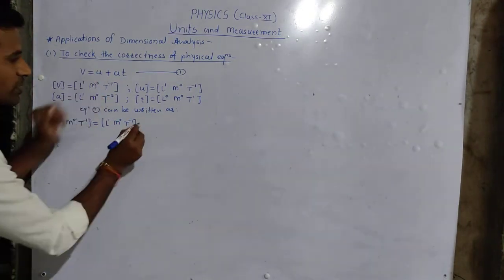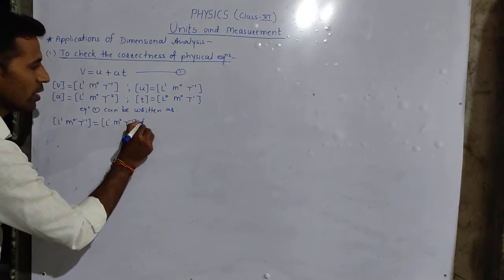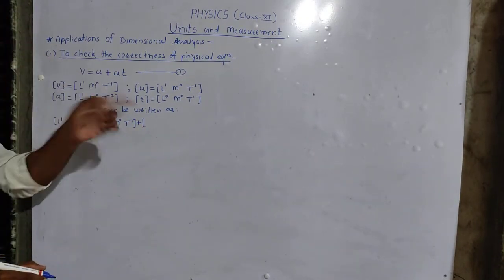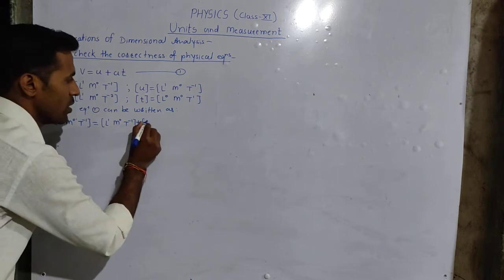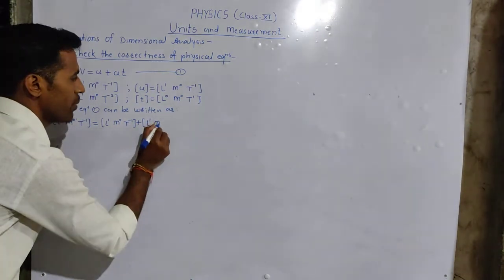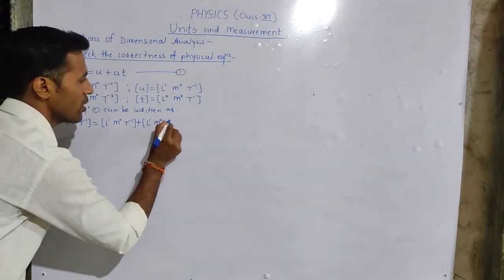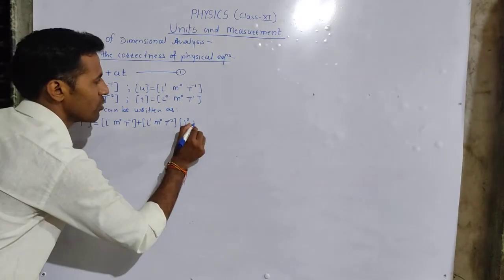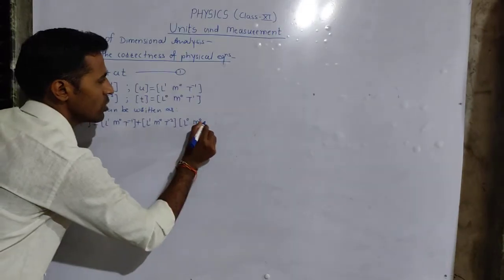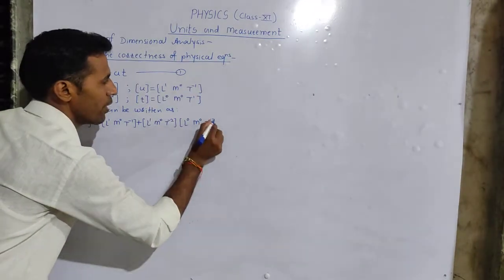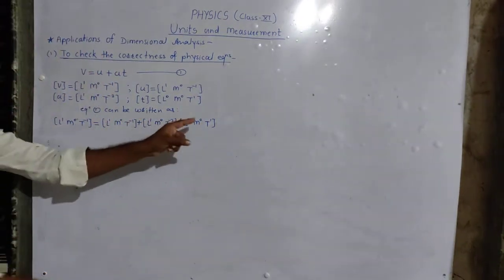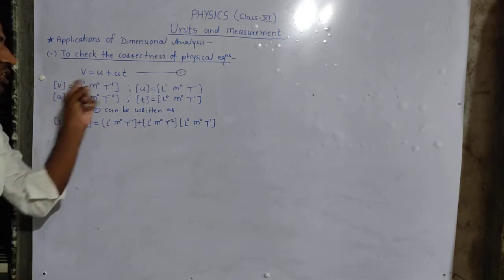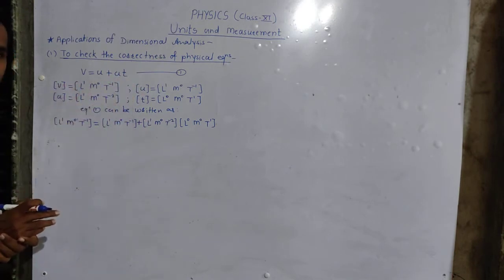After that, plus the dimensions of acceleration and time: L to the power 1, M to the power 0, T to the power minus 2, and the dimension of time, L to the power 0, M to the power 0, T to the power 1. Okay, here we have written the dimensions of each term of equation number 1.